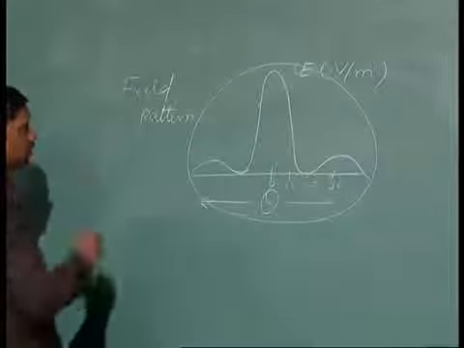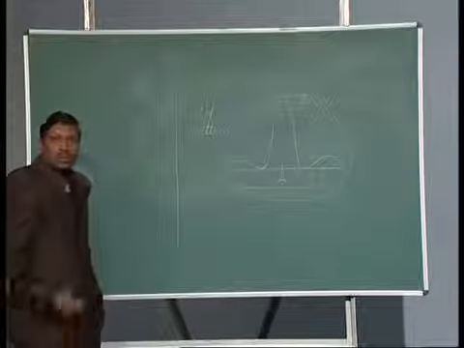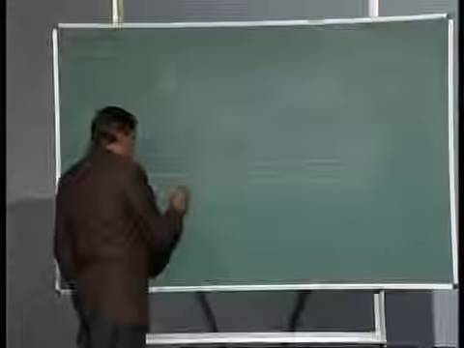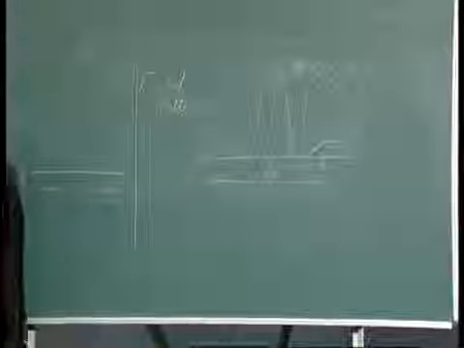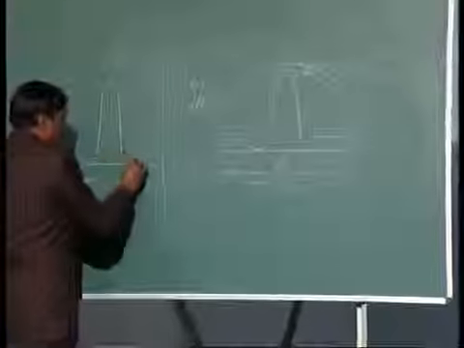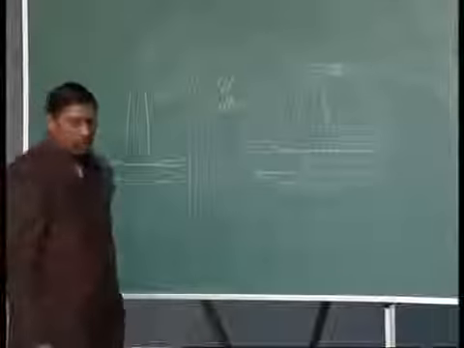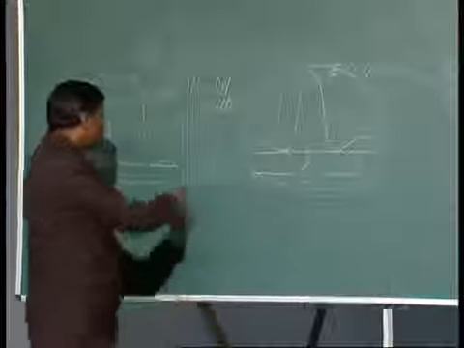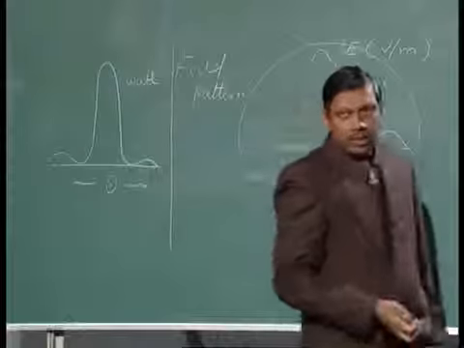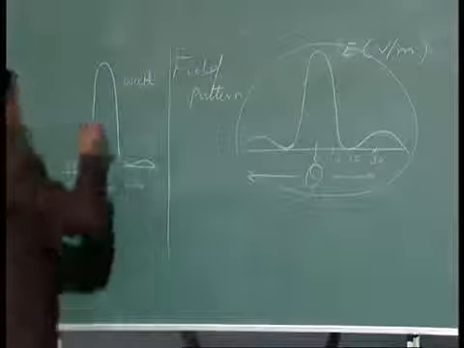Now, instead of this, if I am taking the watt or the power, then what will happen? Again this theta variation will come, and I will be interested in seeing how the power is changing. That means I will mention this as watt or milliwatt depending on the measuring device. So, if I am quantifying this graph in terms of the power and the angle, then this particular radiation pattern is called the power pattern.